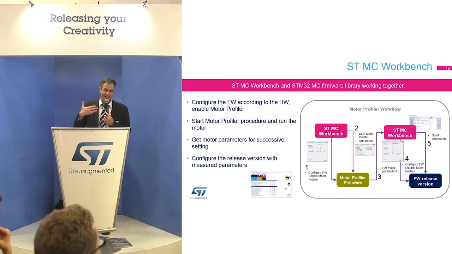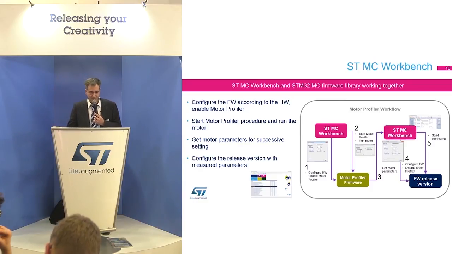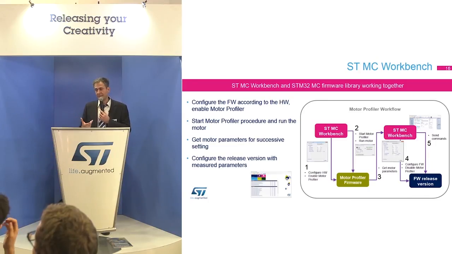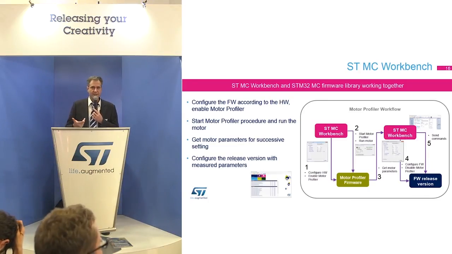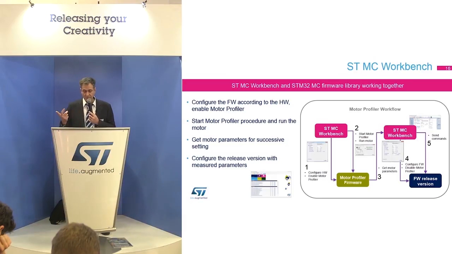But you have used the motor profiler feature to identify the motor parameter and tune the system without the need to be skilled or have specific instrumentation. And it is a very fast way to propose our solution for the customer.